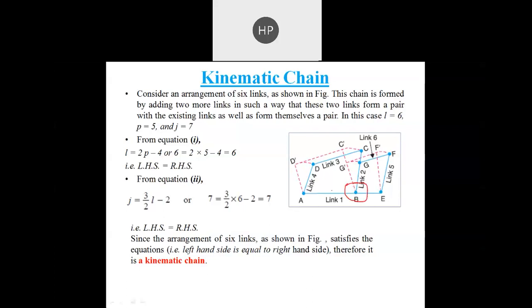Then this is pair 2, pair 3, and this is pair 4, and this is pair 5. So that's what we have to consider.